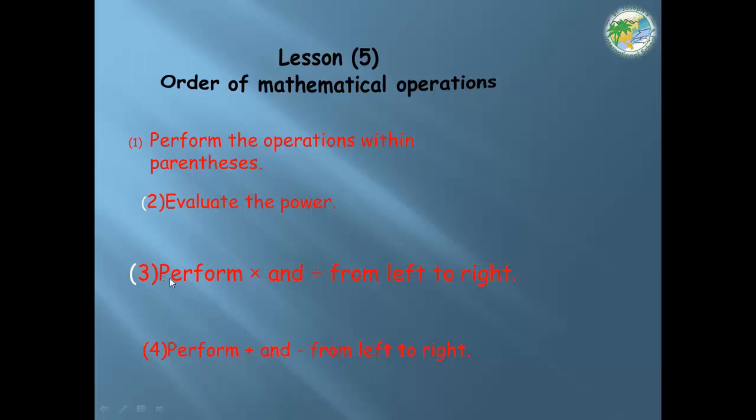Number 3, perform multiplication and then divide from left to right. Number 4, perform plus and minus from left to right. We can understand this rule after we solve many examples. Okay?